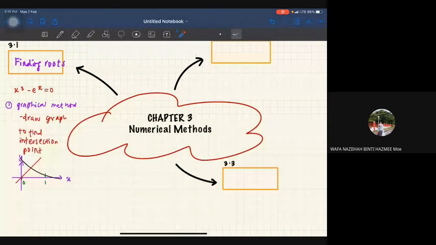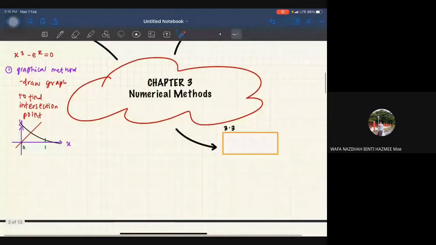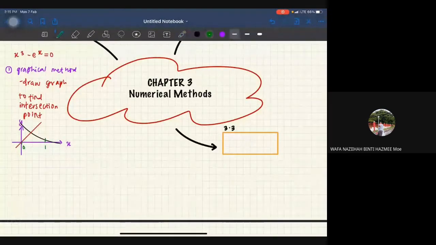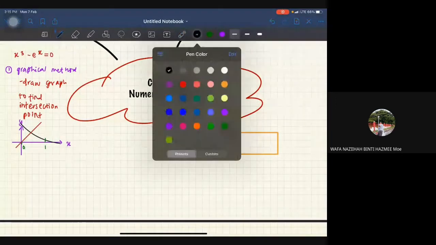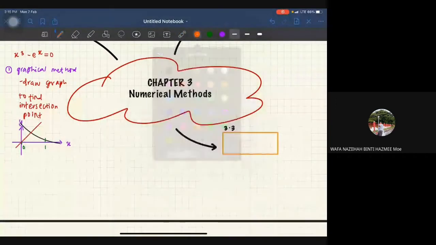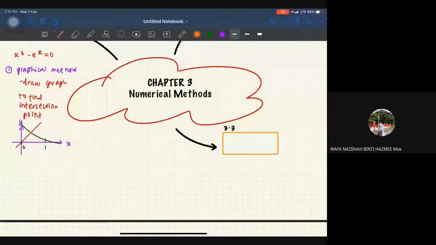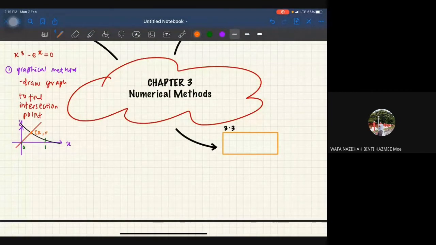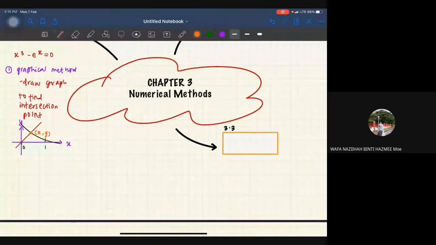Okay, so in this case, we must first find the approximation of x. Okay, so we know that we have the intersection point here. Let me give it a name, let's use this color. So here our point is x, y. Okay, so to use the Newton-Raphson method, you must have a value that you assume, an approximate value.